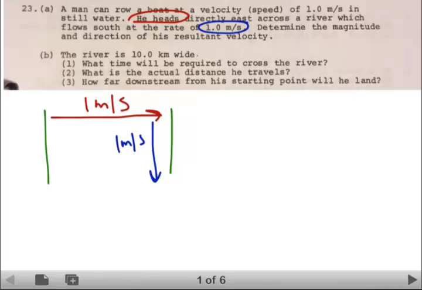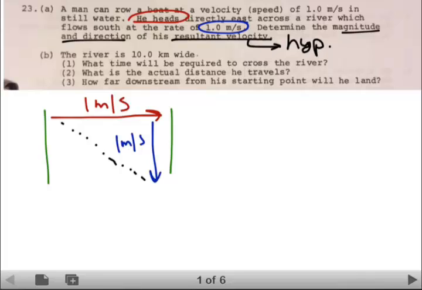Okay, so determine the magnitude and direction of his resultant velocity. So again, just like last time, velocity has magnitude and direction, and resultant, almost always think about it as the hypotenuse. So we're going to find the hypotenuse of this triangle here. This one's really easy because c squared is going to be equal to a squared plus b squared, but we're only dealing with ones, so c squared equals 1 plus 1.